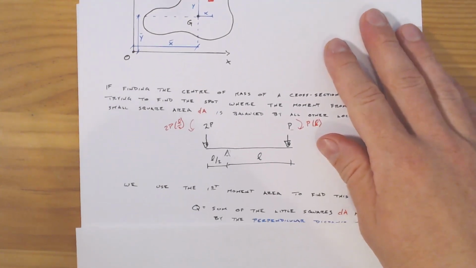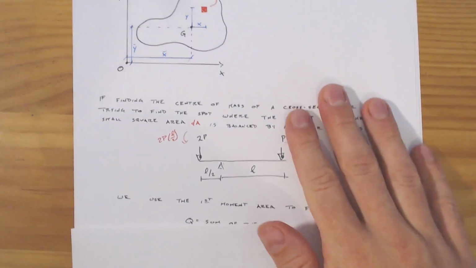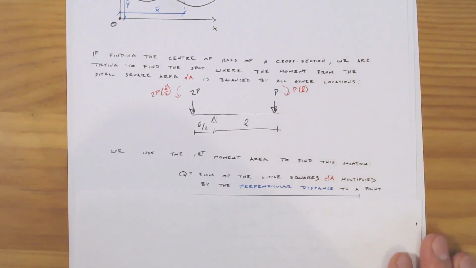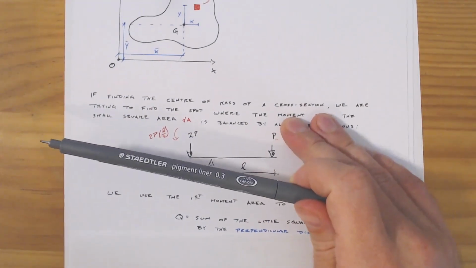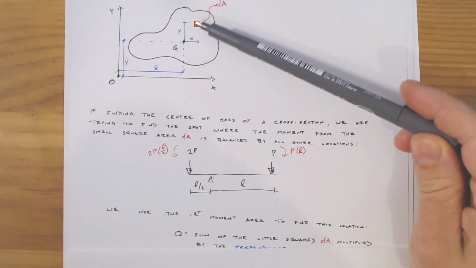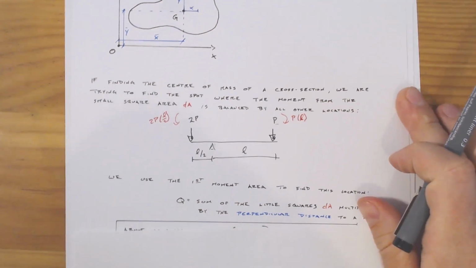And so if we want to write this explicitly, the first moment of area of this section is really just the sum of all of these tiny little squares, dA, multiplied by their perpendicular distance to some point which balances them all out.